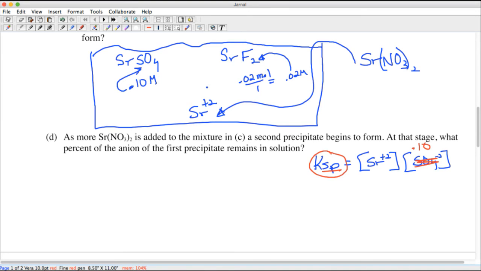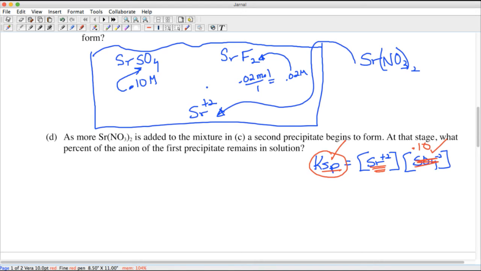So we know this, and we're going to solve for the concentration that the strontium has to be if it is saturated, if it's at equilibrium. And this is going to tell me the value of what this has to be in order for the Q to equal K. Okay, so remember the first part in C says I'm slowly adding to already a saturated solution, which means it's at equilibrium.